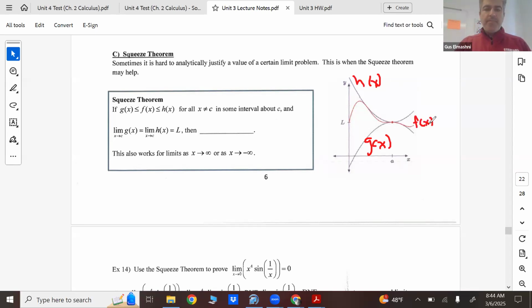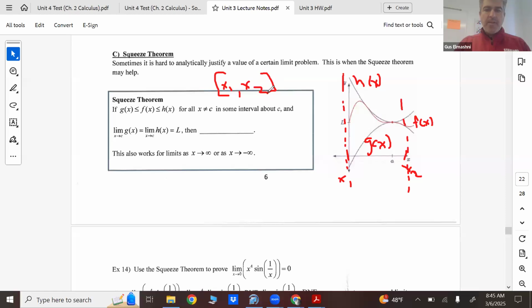Let's say you have some interval, from x sub 1 to x sub 2. That's a 2, sorry about that.